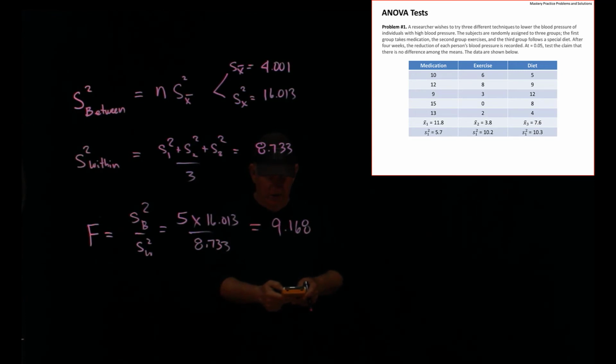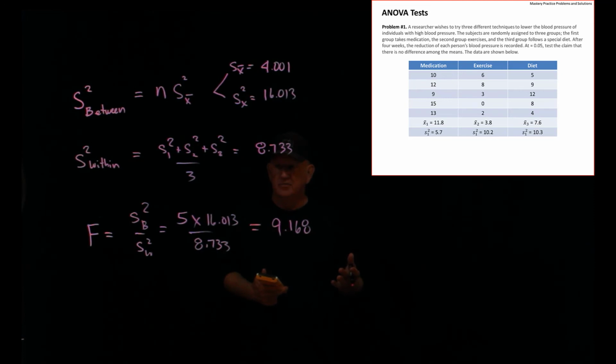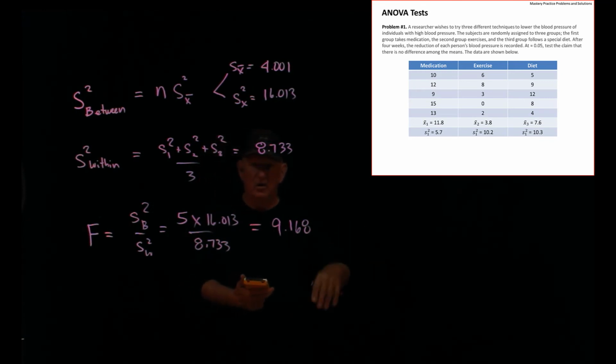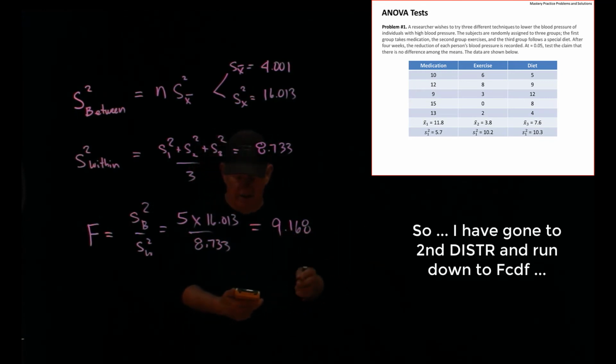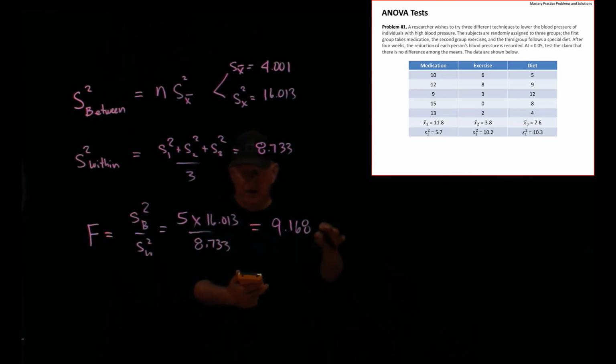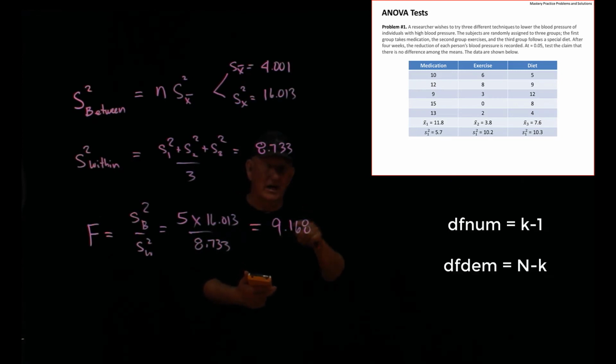FCDF. If I go to second distribution and crawl down to, I think it's item number 10. There's item number 10. I could go calculate the critical value for alpha equals 0.05, but instead I'm going to calculate the p-value. So I'm going to put in lower 9.168, upper 1E99, a zillion. The degrees of freedom for the numerator is k minus 1.